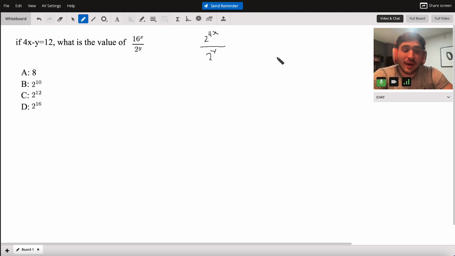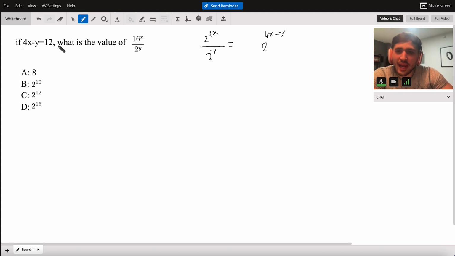By the rules of exponents, since we have the same base and we're doing division, we can represent this as 2 to the power of 4x minus y. Hold on a second. 4x minus y? Look, we have that right here.